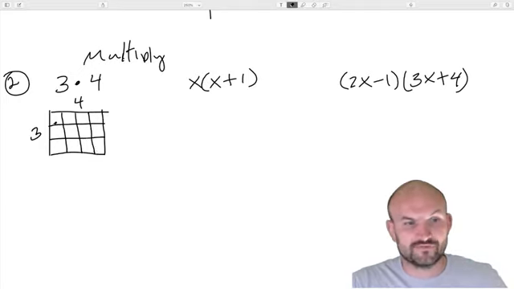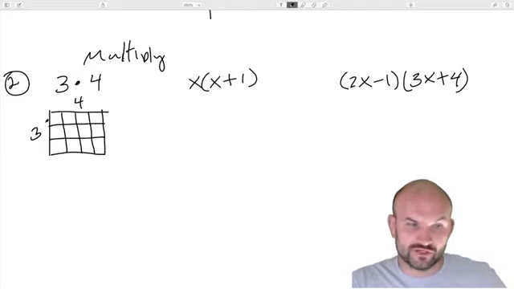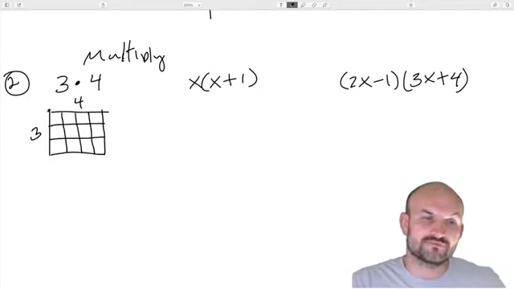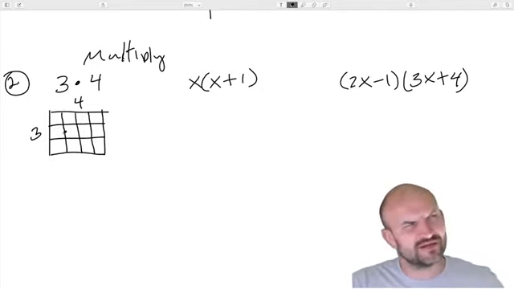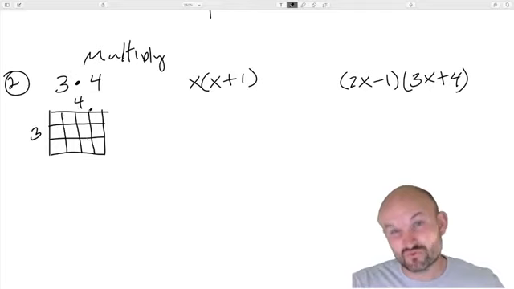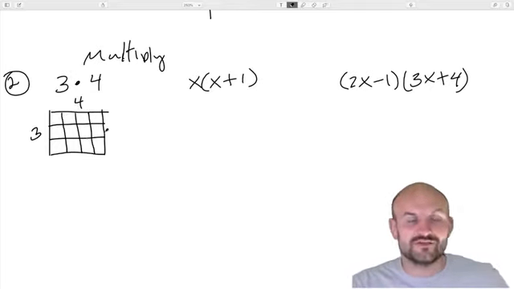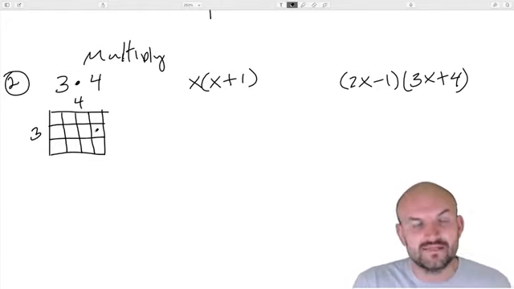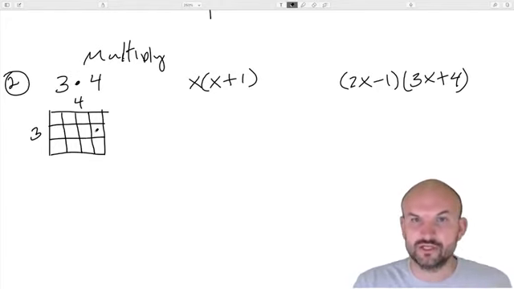So I have 3 times 4: 3 rows of 4 columns. And what they make is 12 squares. You can even count them. So that's how we can represent 12 as the area of some rectangle in units.